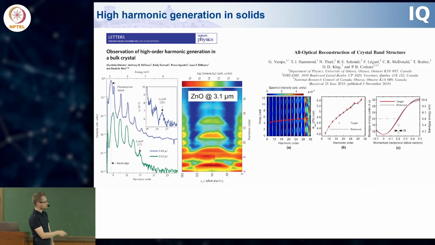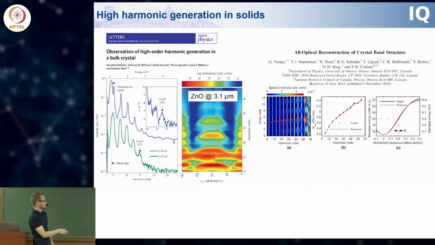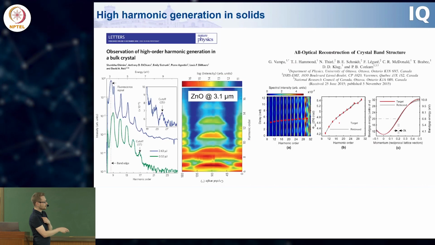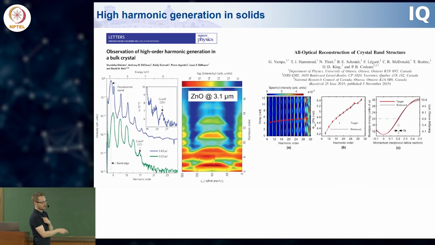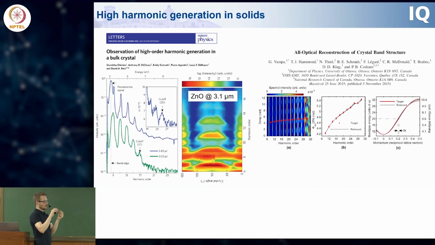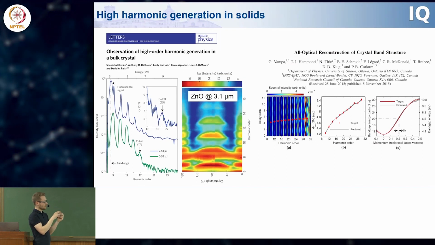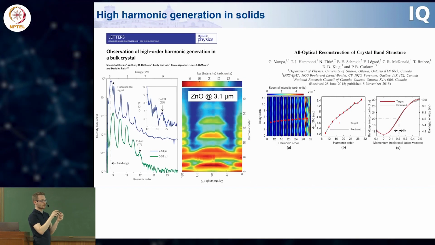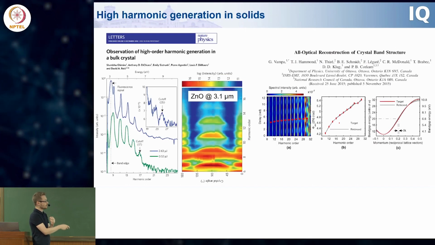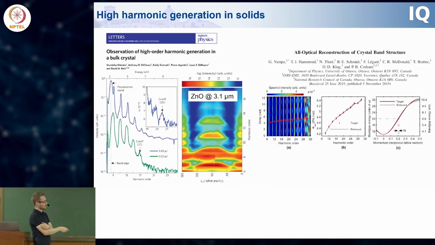So, a couple of examples of that. Number one, one of the first demonstrations: the crystal symmetries are mirrored in the harmonics. So whether your electron goes towards, for example in zinc oxide, towards zinc or towards an oxygen atom when it propagates after ionization actually makes a difference for the harmonics and is mapped out.